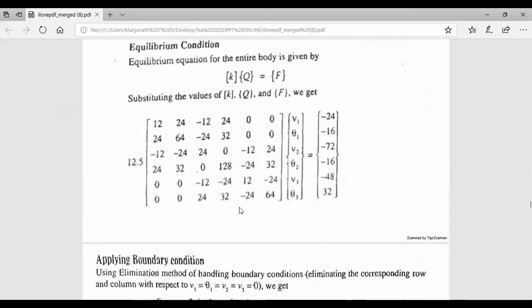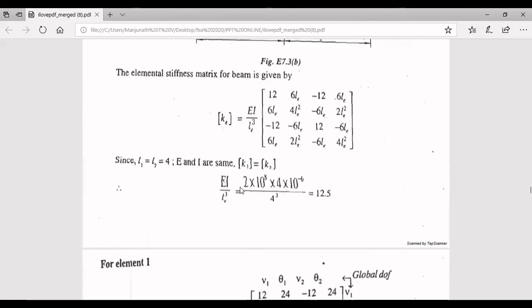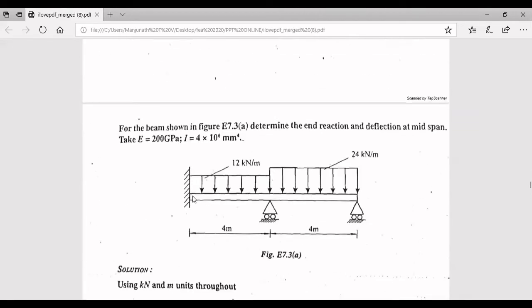For this problem, node number 1 is fixed, so V1 and theta 1 are 0. At node number 2, the vertical direction is fixed. There will be a rotation due to the roller support, but vertically downward there will be no movement, so no displacement is possible. Similarly, at node number 3 there is no displacement vertically downward.